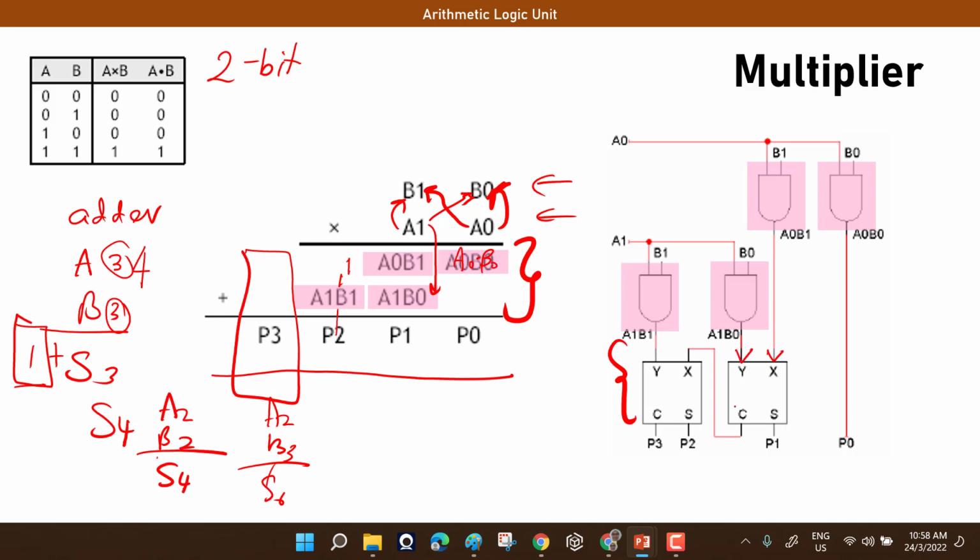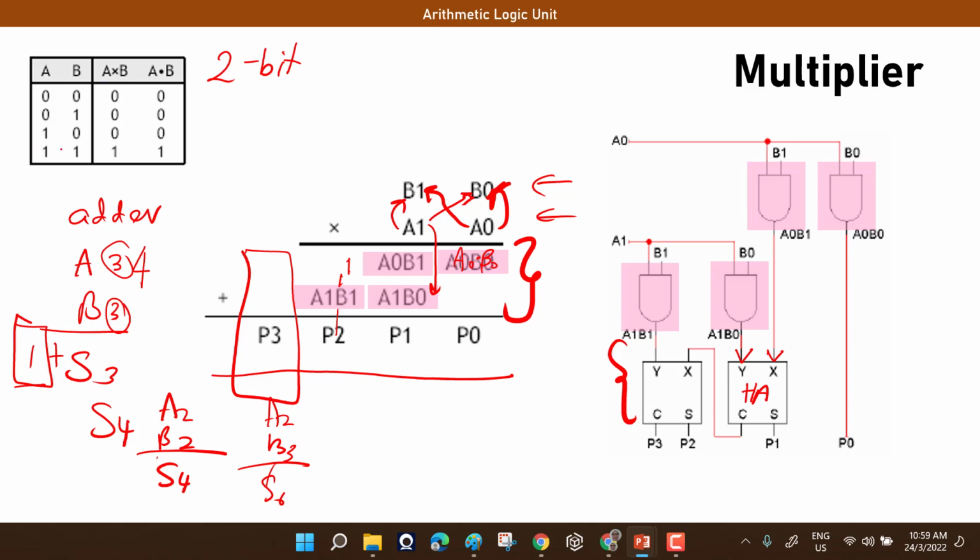So X and Y. You can execute this using only a half adder, because this comes from an element here and an element here. Now, will there be any chance of a carry out? Here, A0, B0: no, there won't be, because the product will always be only 1 digit.